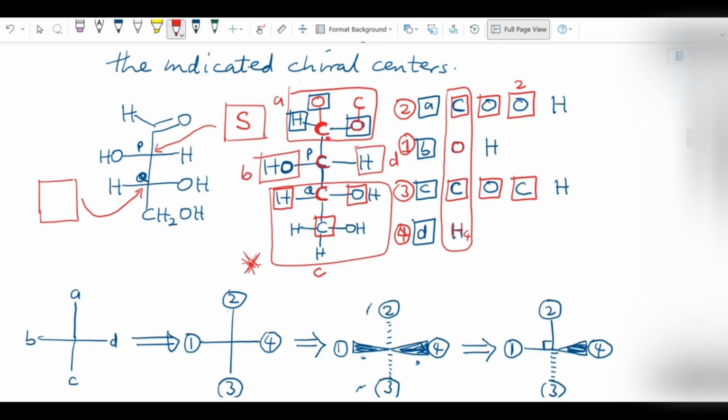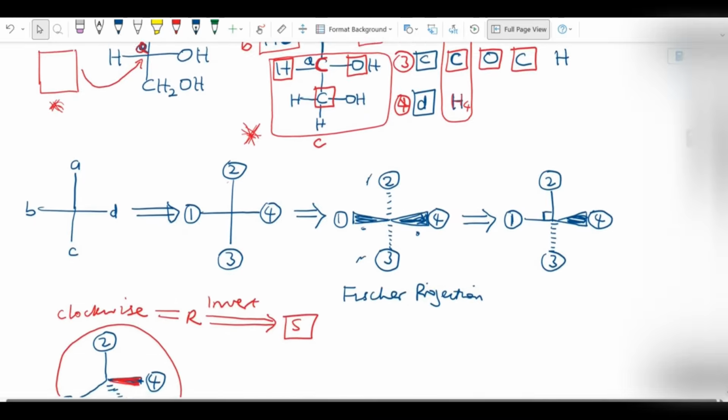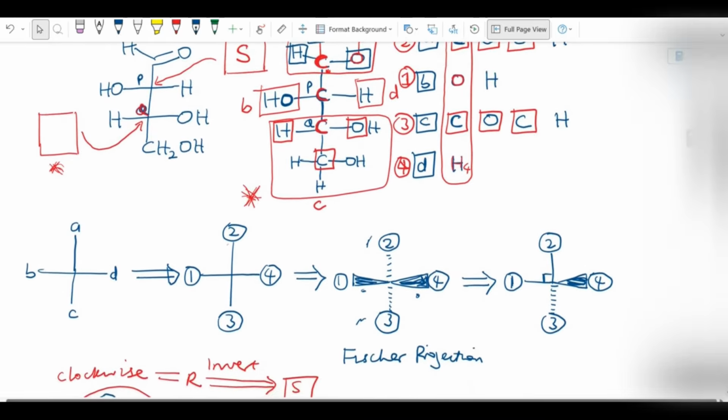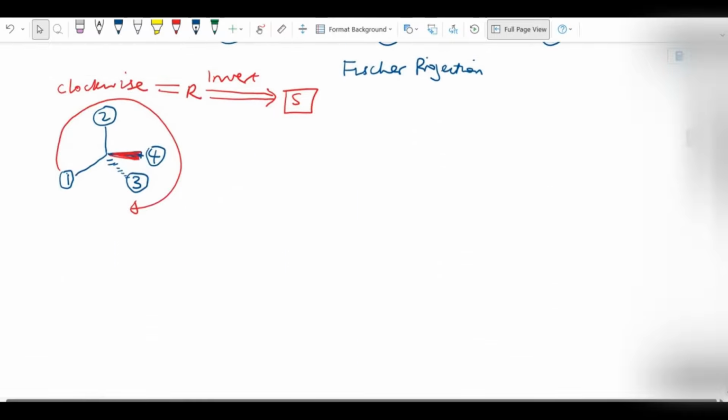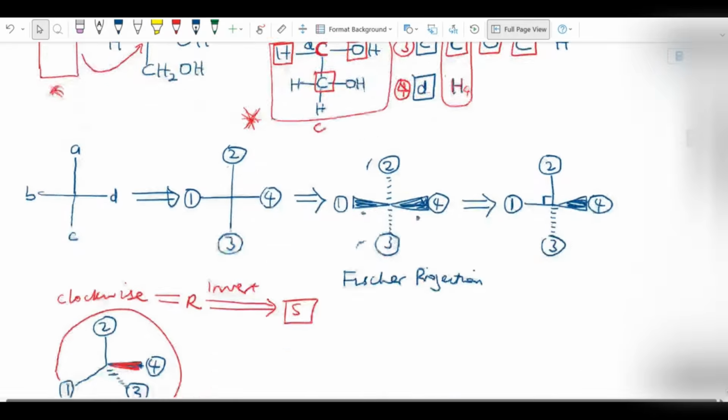So let's go ahead and do the same thing for this one. The next thing will be to assign an absolute configuration R or S to this particular box. That is the chiral carbon Q. So I'm going to have to redraw that.